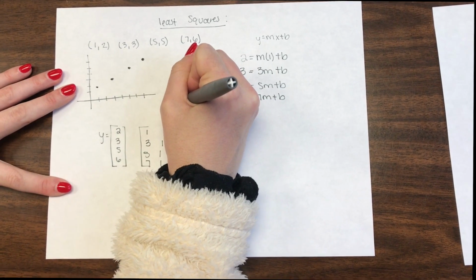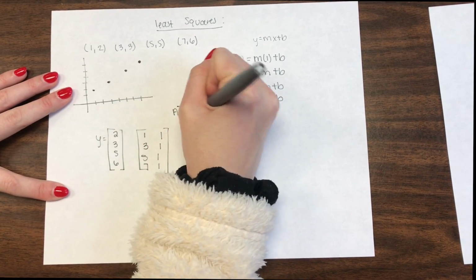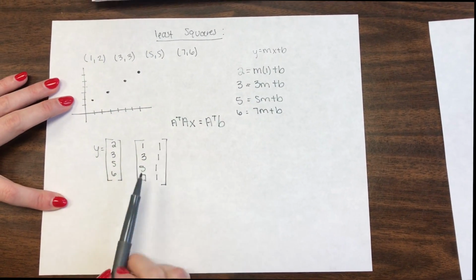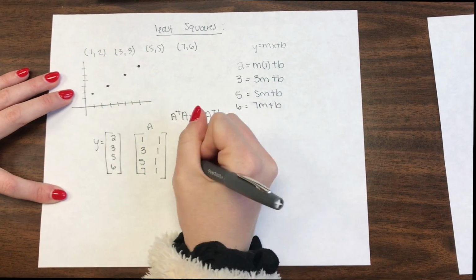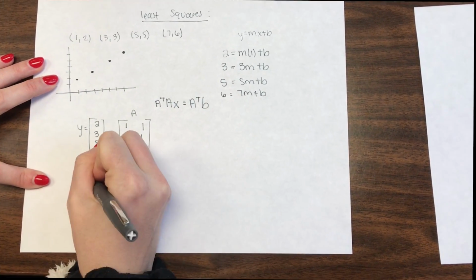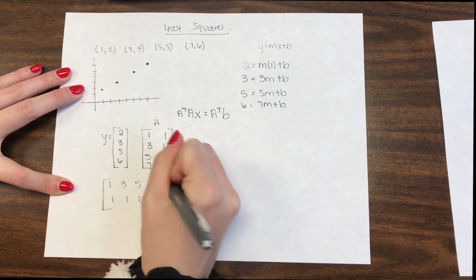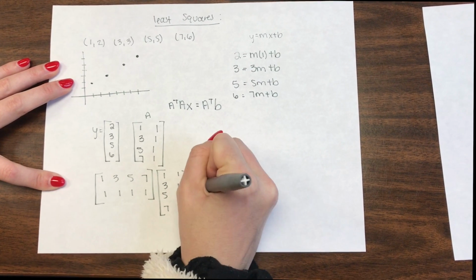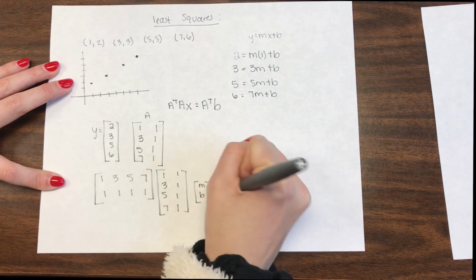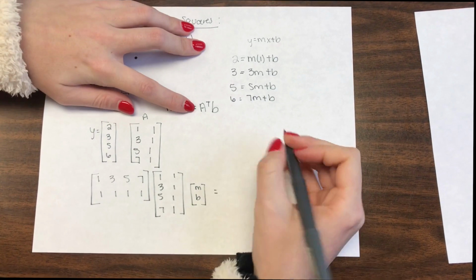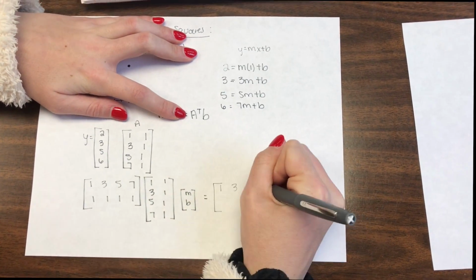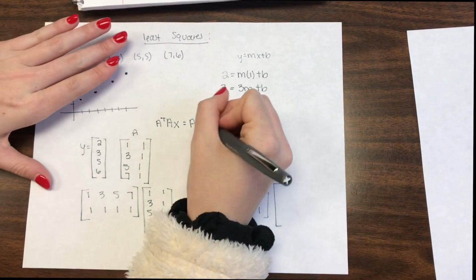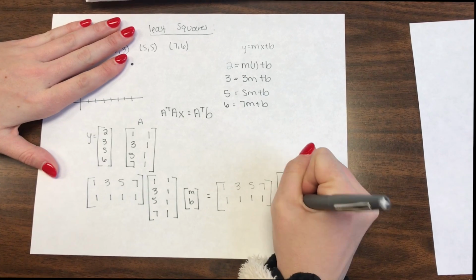Here, how we're going to solve this is A transpose times A X equals A transpose times B. So we're going to find the transpose of A, which is 1, 3, 5, 7, 1, 1, 1, 1, and now A, and then A transpose again times Y, which is 2, 3, 5, 6.